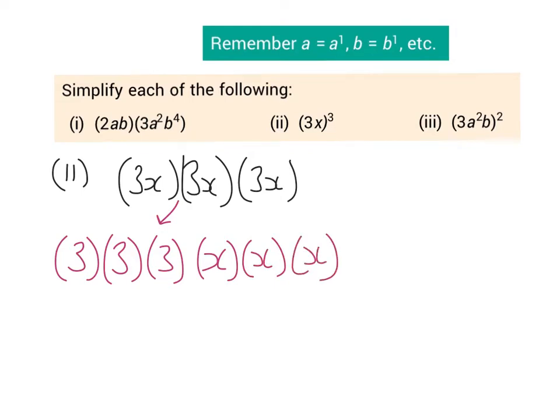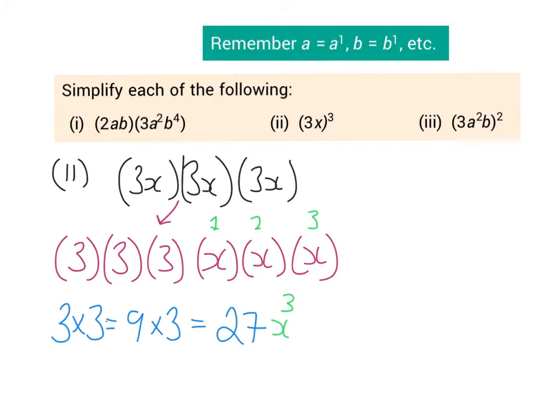And the same rule applies. We're going to multiply 3 by 3, which will give me 9, and then multiply by 3 again, which will give me 27. And if I count up how many x's I have, 1, 2, 3, so it's x to the power of 3.